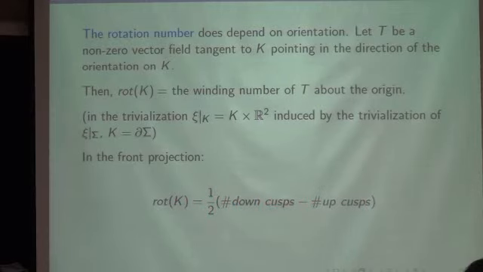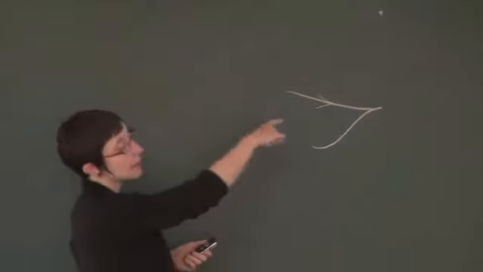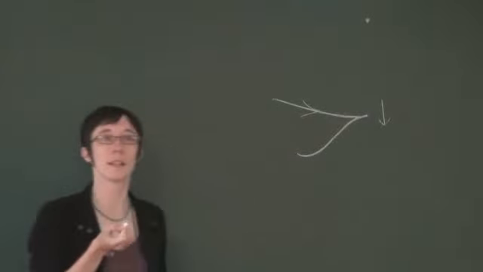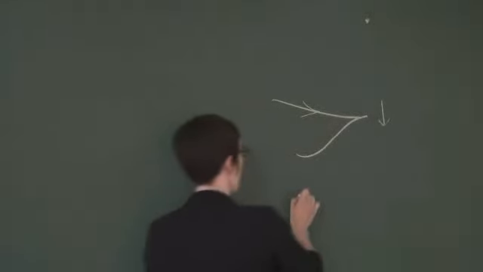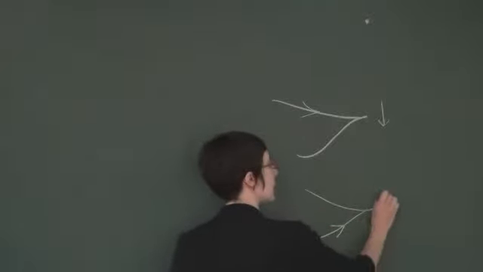Okay, so we should talk about what that means. We have our cusps, and this is going to depend on orientation. If you have a cusp and it's oriented this way, this is intuitively a down cusp. And then if we're oriented the other way, this gives us an up cusp.